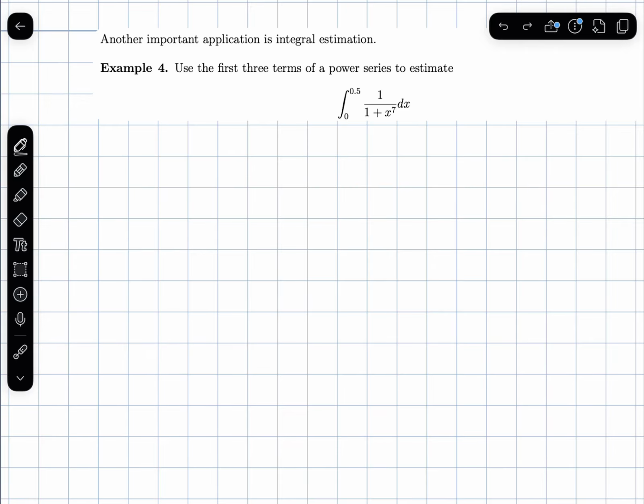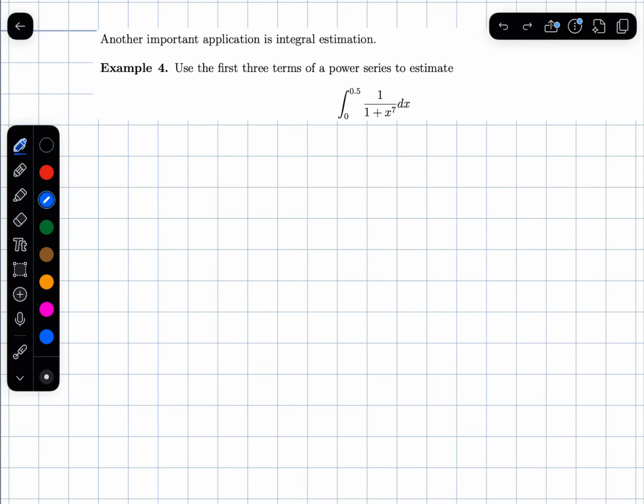But with series, that becomes very, very straightforward, as long as you are okay with an approximation rather than the exact answer. So let me just do this real quick.